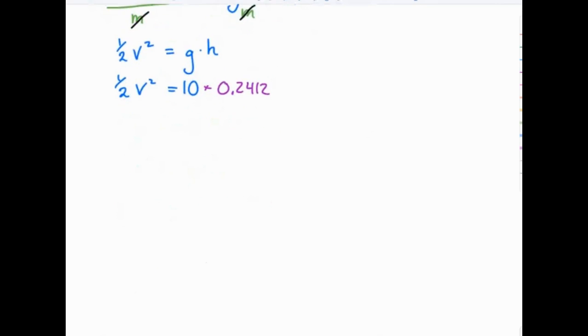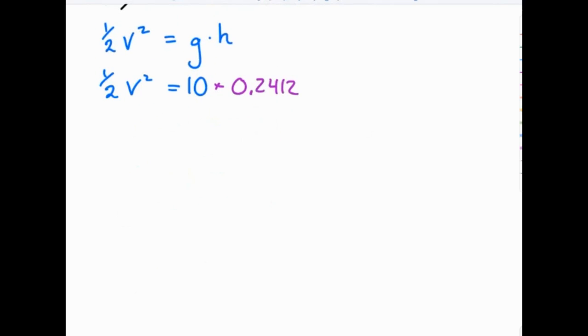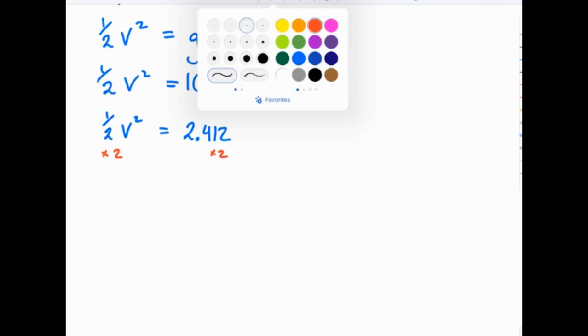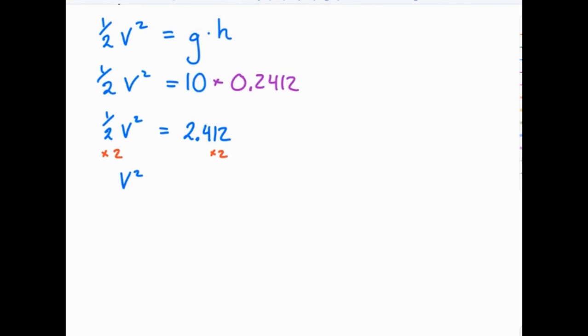Okay. So I have 1/2 v squared is equal to 2.412. I'm going to multiply both sides times 2 to get that 1/2 moved to the other side. And I get v squared is equal to 4.824. And then I'm going to square root that to find my velocity.